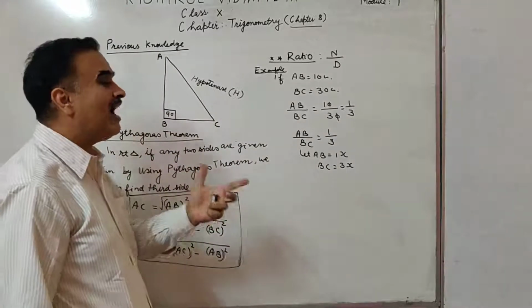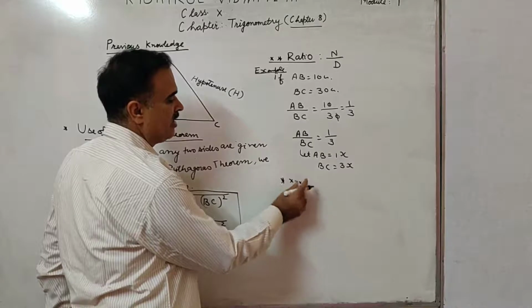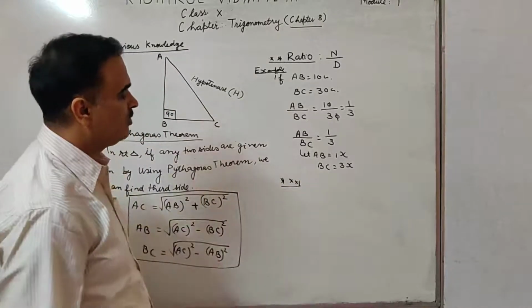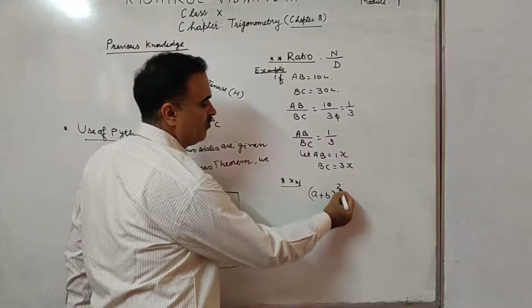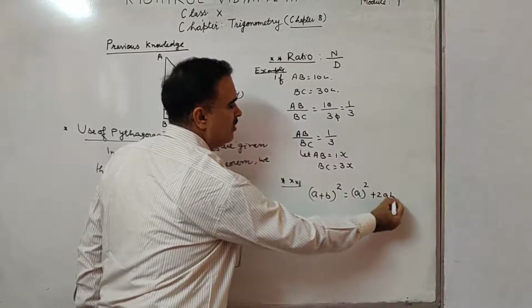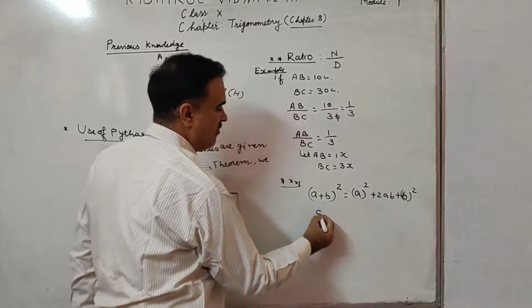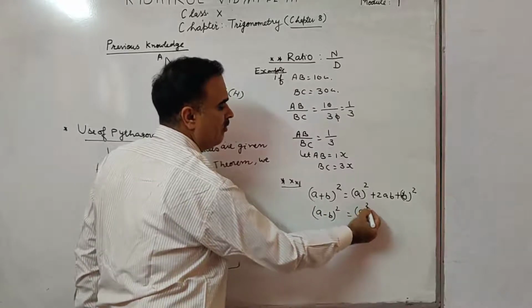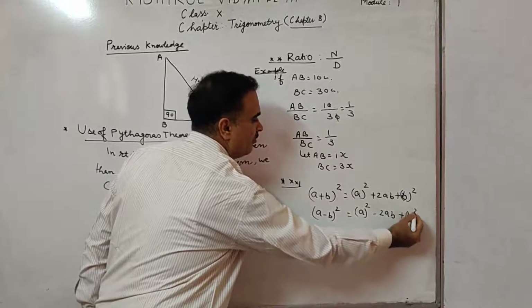Another is some identities we will use in this, and this is the last I am going to tell you. Third part, the basics which will be used. You know what is a plus b whole square? This is a square plus 2ab plus b square. A minus b whole square is a square minus 2ab plus b square.